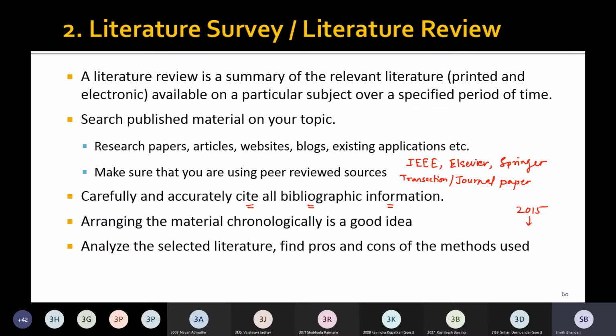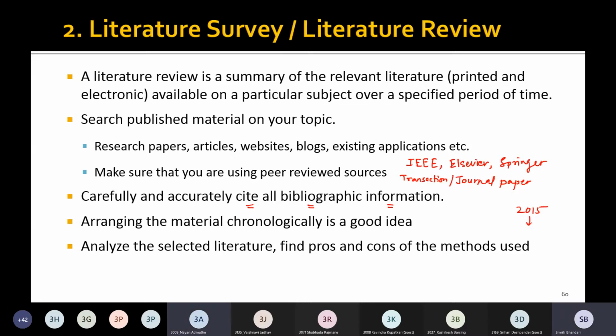So in the literature review of the project report, you should add the material that you have not cited in your project proposal and that you found later during the implementation phase of your project. If you have found such relevant material, then you should include that literature in your literature review. Is that okay?